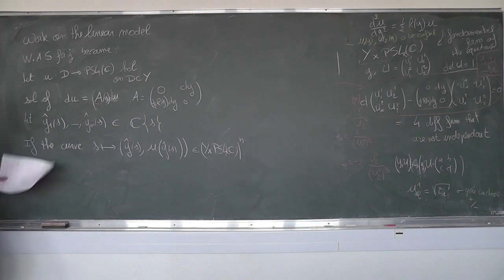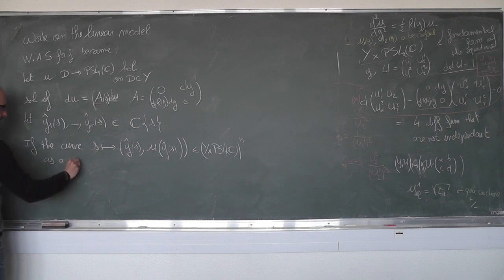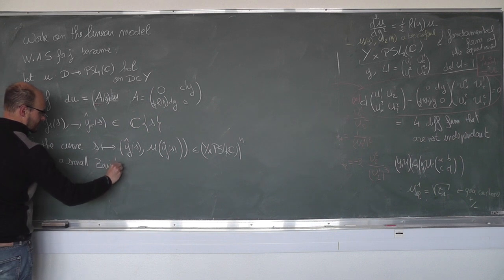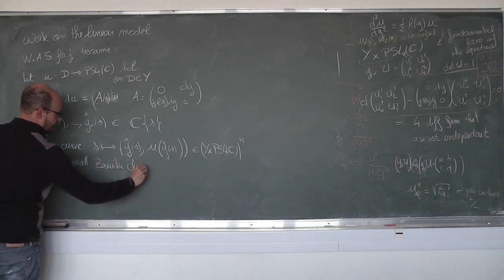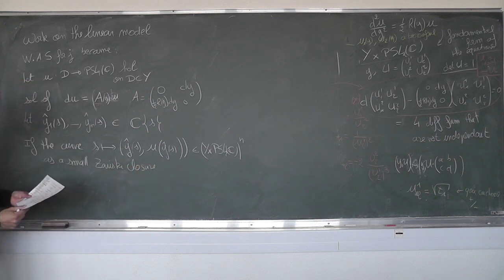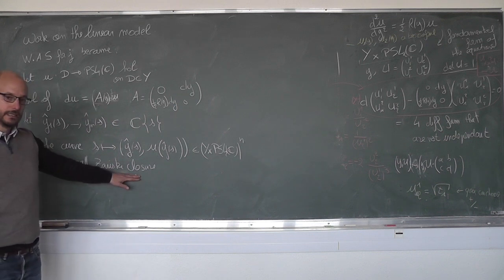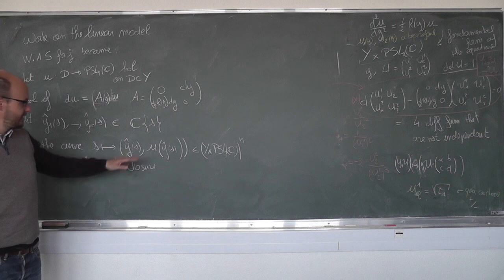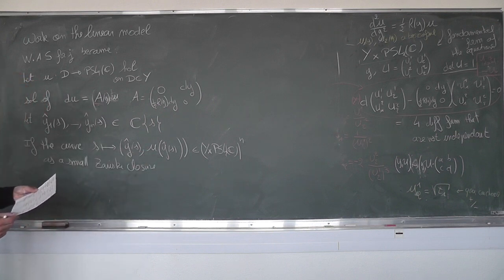So if this curve has a small Zariski closure, where the Zariski closure is the set of solutions of all the polynomial equations that vanish on this curve.